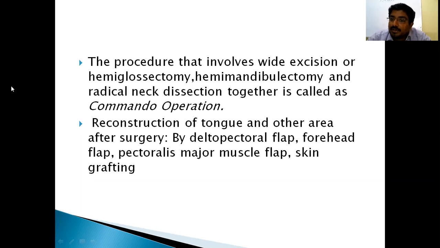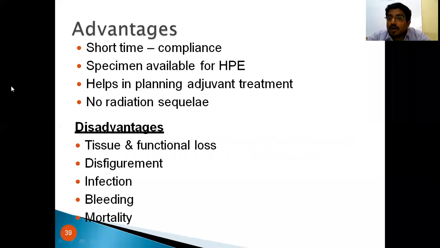What is commando operation? We will go for the hemiglossectomy, hemimandibulectomy, and modified radical neck dissection. This is called commando operation. Then what are the advantages and disadvantages of the surgery? Advantages: short-term complications, the specimen is available for complete histopathological examination, it helps in planning adjuvant therapy, and there are no radiation sequelae.